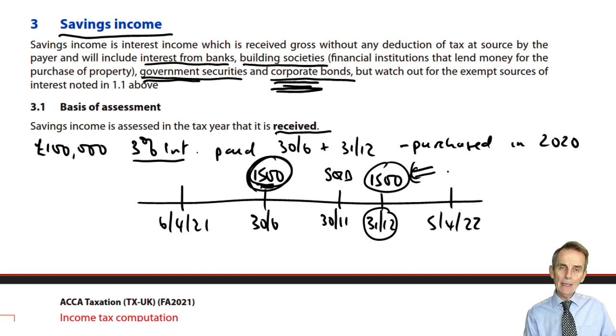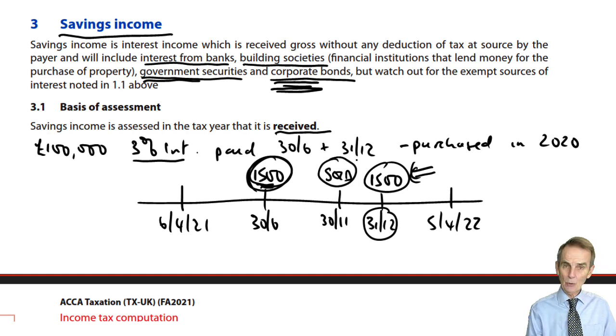So what that means is when the buyer buys this security, it was sold to the buyer on the 30th of November, they know that 1 month later they're going to receive that £1,500.